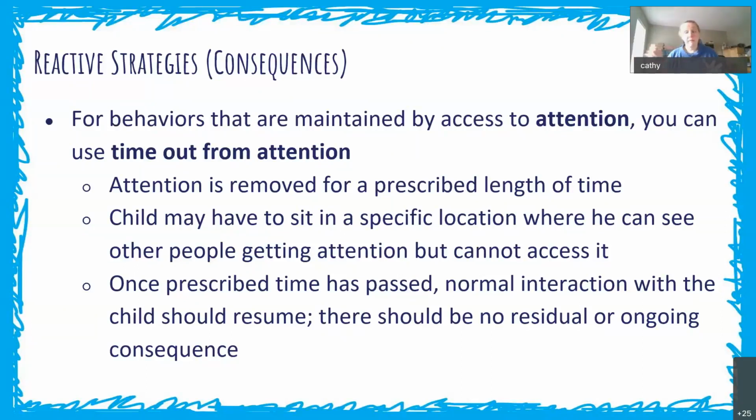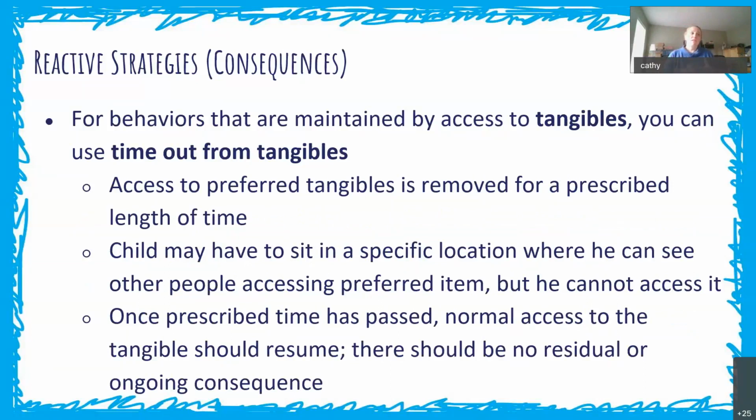Or mommy, let's go, I don't want to wait anymore. Then you should respond to that. Yeah, let's go. And then you go. There should be no residual or ongoing consequence of why did you do that? You shouldn't have hit me, blah, blah, blah. Just move on. So that might be a timeout from attention. Similarly, timeout from tangibles.